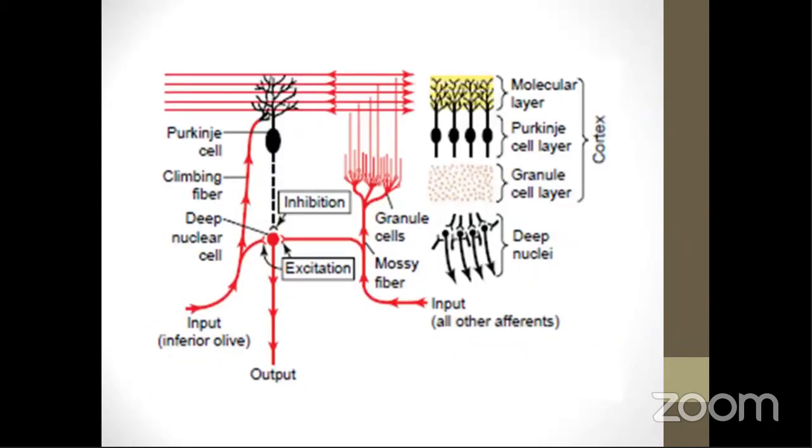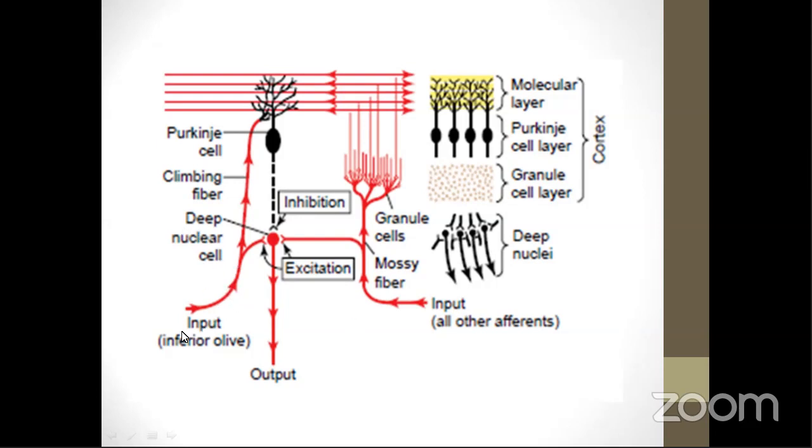So again, this is a particular figure which is from Brighton. This is again the same figure, but this is not a functional figure. So you can again revise whatever I have told you. Three layers: molecular, Purkinje, granule. Then you have the deep nuclei, and this is your input. One is mossy fiber, and the second is climbing fiber.